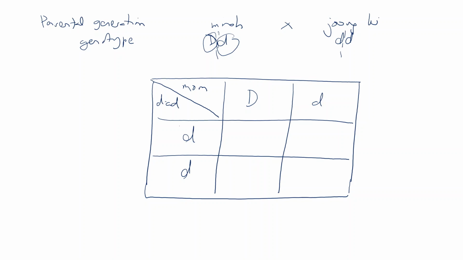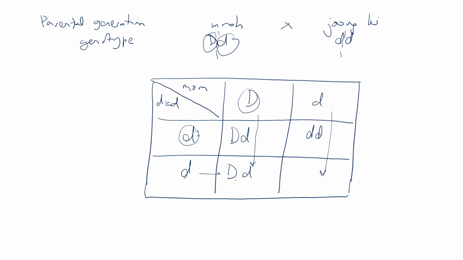Now, during fertilization, this capital D meets this small d, so you put inside this box capital D, small d. Next one, small d, small d. Going down, this box capital D, small d. And this box, small d, small d.